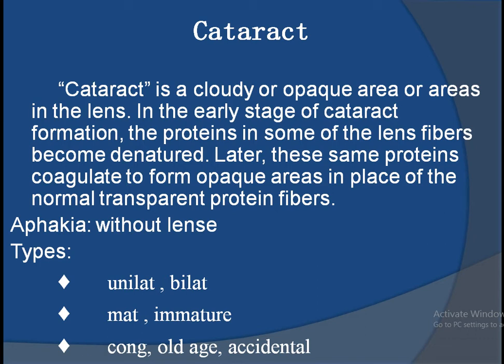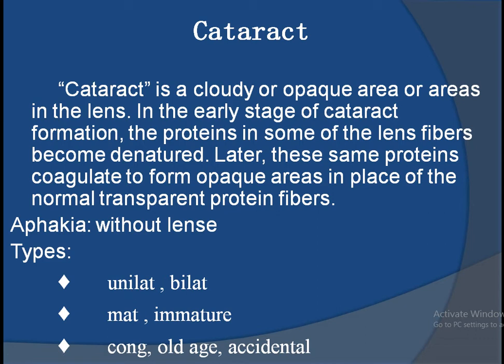Aphakia: A means absence, phakia means the lens, so aphakia is being without lens. We can have different types of cataract, unilateral or bilateral. Unilateral means involving just one eye. Bilateral means involving both eyes.